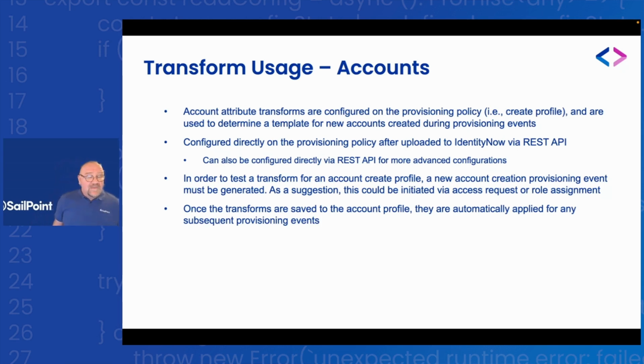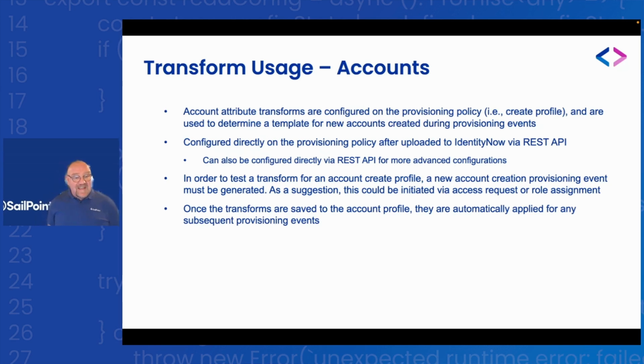So on the account side, you can use transforms on a provisioning policy. I mentioned here the create profile. And so that's useful for doing default values and transforming information from the identity cube onto the actual account. You can upload them via the IdentityNow REST API or the UI.